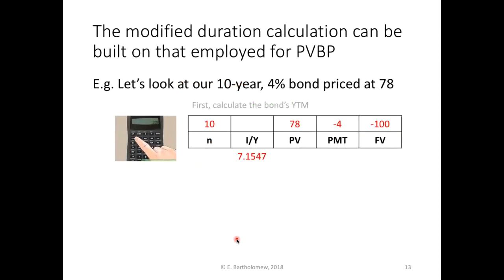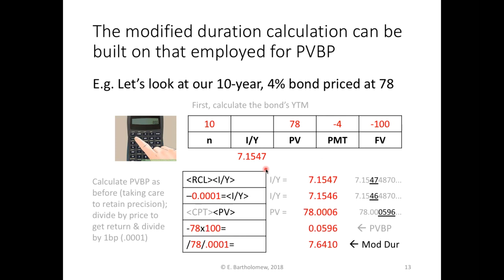Okay, so let's see how that works in practice. Let's go back to our 10-year 4% bond priced at 78. The maturity is 10, price is 78. These are our cash flows. We're going to calculate the yield. And then to get the modified duration, the first 4 steps are exactly what you did to get the PVBP.